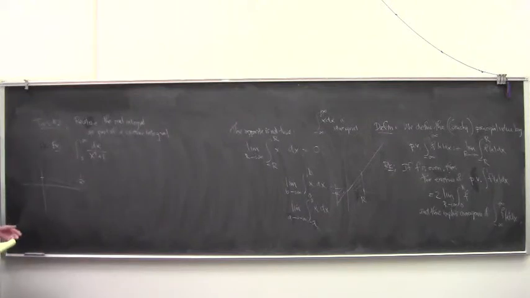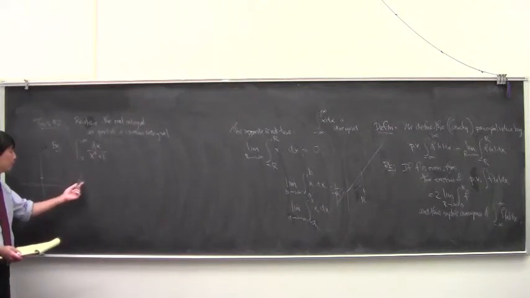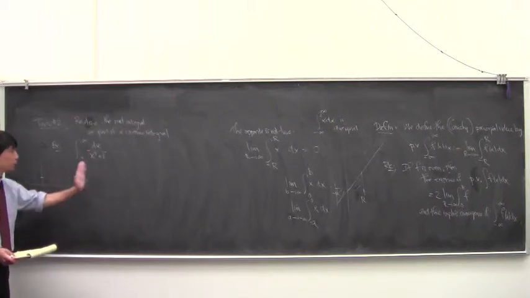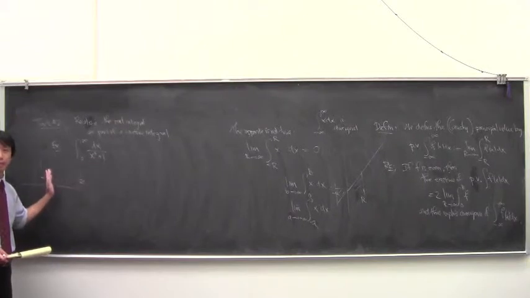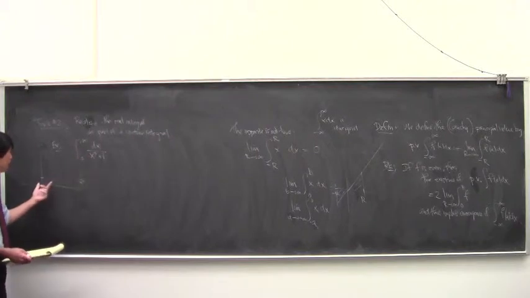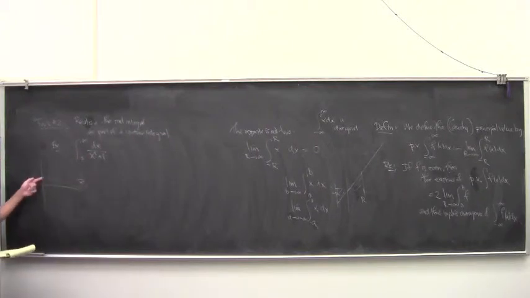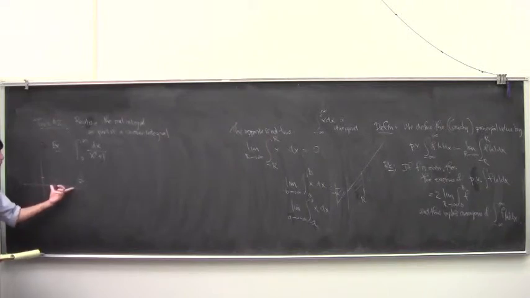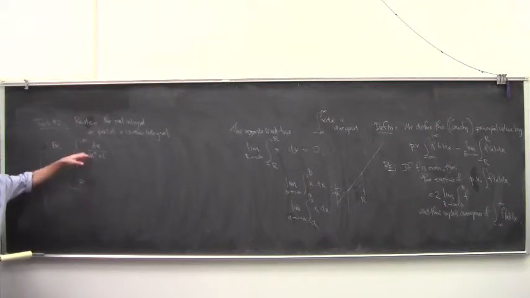You know that for p bigger than 1, the integral from 1 to infinity is going to converge, by the p-test from calculus. Here you don't have to worry because your function is finite, so you basically have some finite number. You know the integral over here is finite, and you know the integral over here is finite because of the p-test. And so you know that this is a convergent integral.